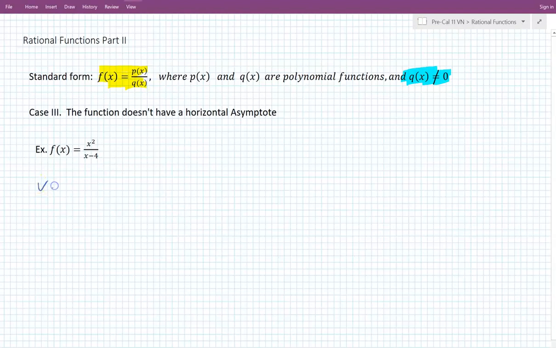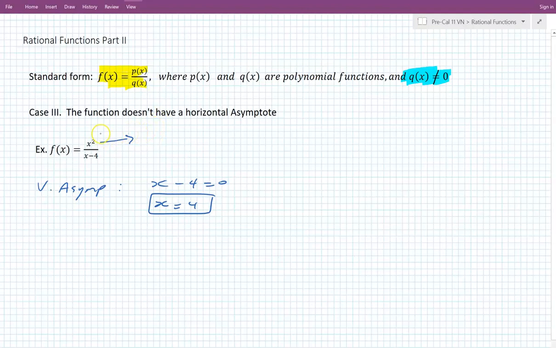Let's start with the vertical asymptote. Basically, very simply, you set the denominator equal to 0. That's the easiest asymptote to get. That's your vertical asymptote. The horizontal asymptote doesn't exist. The reason it doesn't exist is because the numerator has a higher degree.